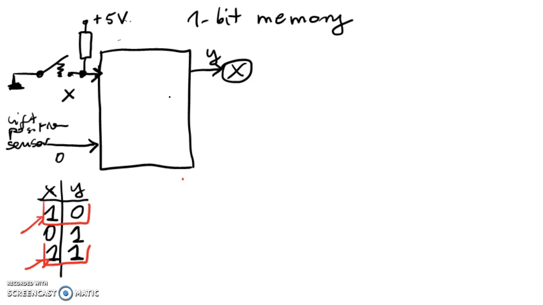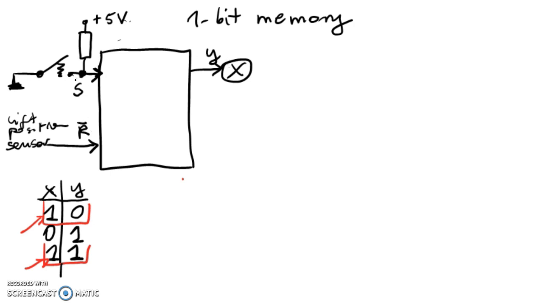This input is used to set the memory to logic 1, and it is called the S input. And this input is called R. It is reset. It returns the output to 0. Because they are active low, 0 on S sets the output to logic 1, and 0 on R resets the output.